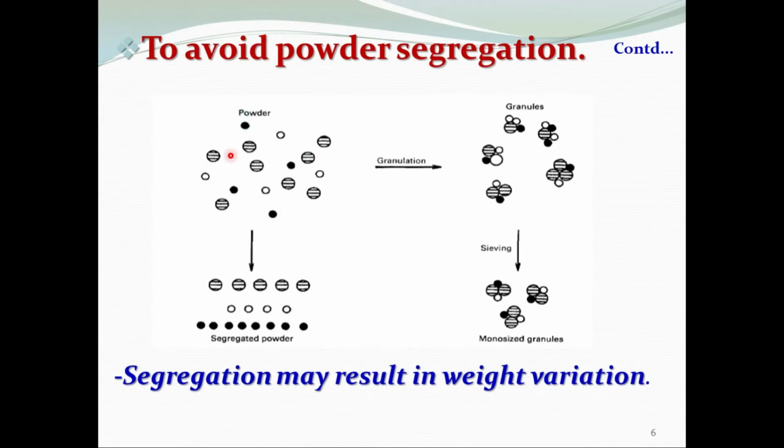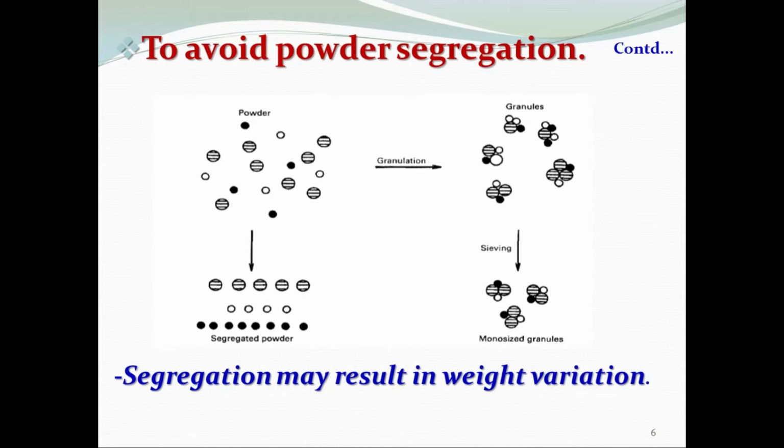So if the particle size of each particle is different, then, as you know, when we shake a powder having different particle sizes in sieves, you will always observe that some particles separate from others. The heavy particles will come to the top of the pot if you are shaking it, and the fine particles will go to the bottom.